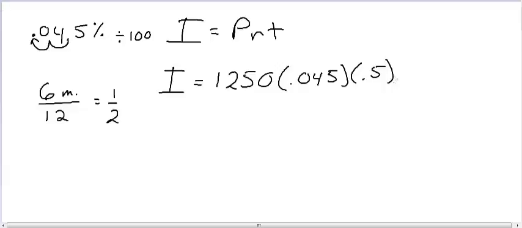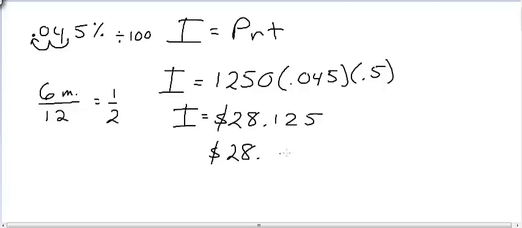And always we want time to be given in years with these kinds of problems. When we multiply everything else, we'll end up with 28.125. Now this is a monetary value, so it only makes sense to have 2 decimal places. So I'm going to round to the nearest hundredth spot. So my 5 will be rounded up to a 3.